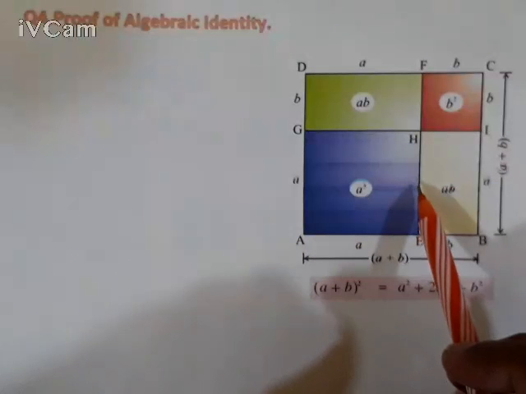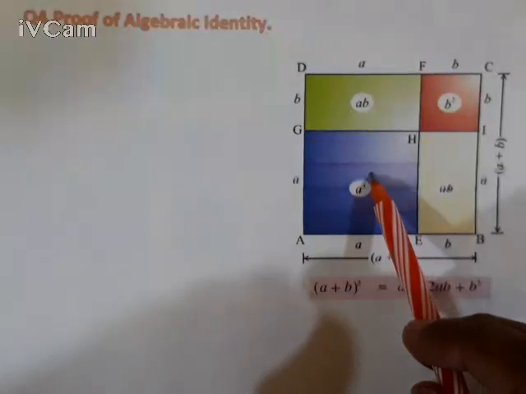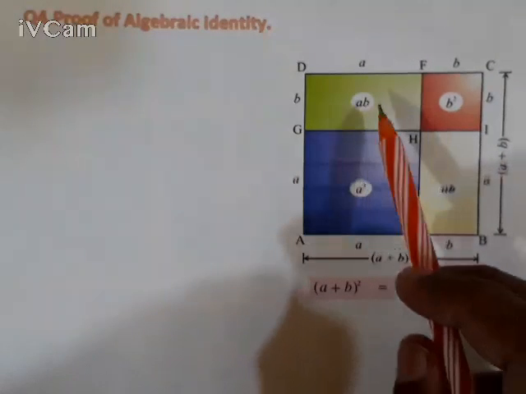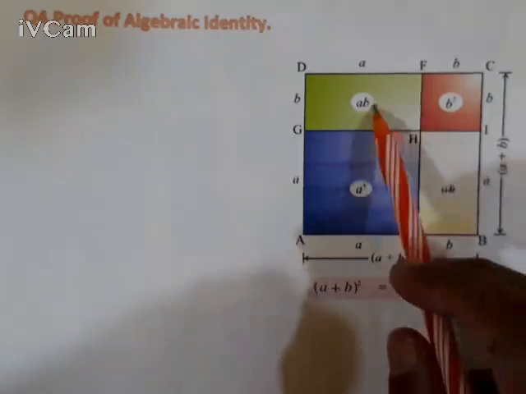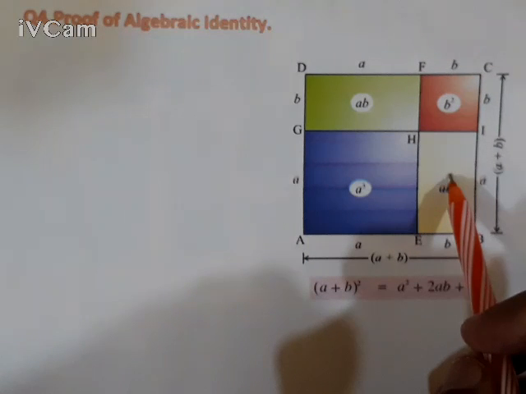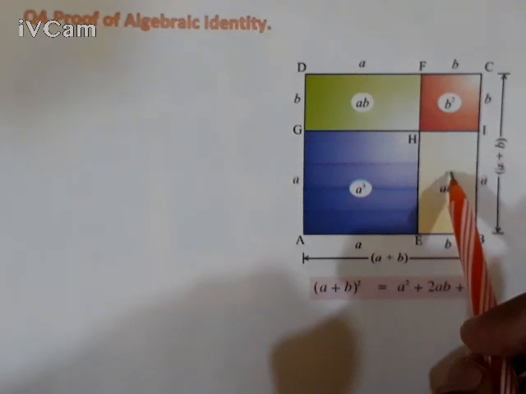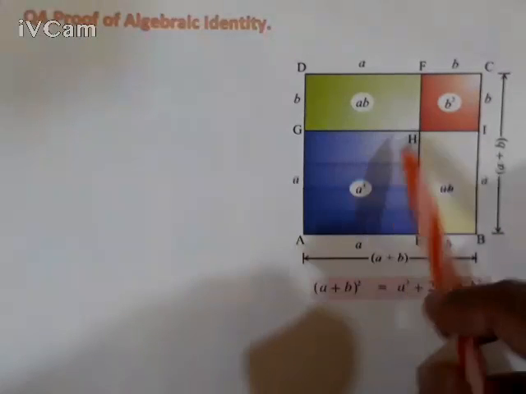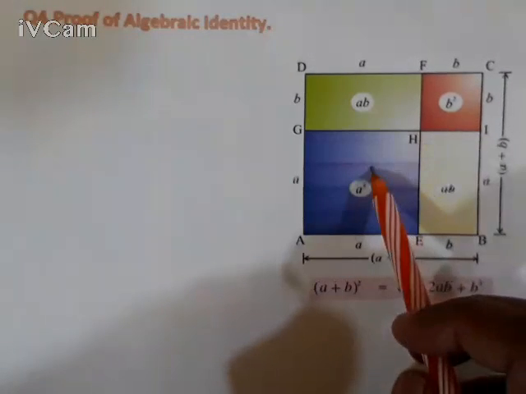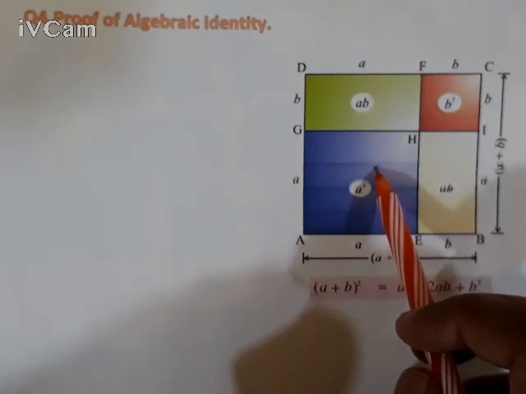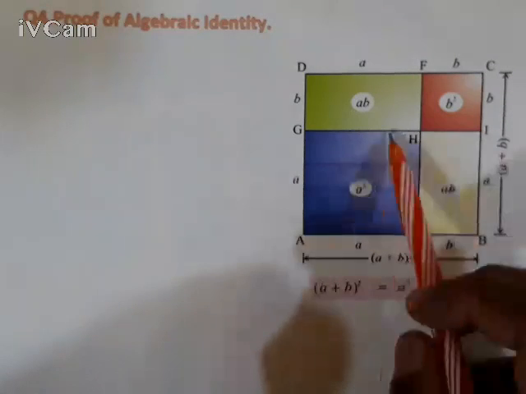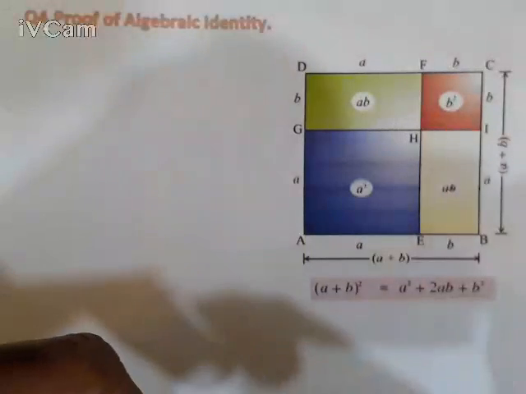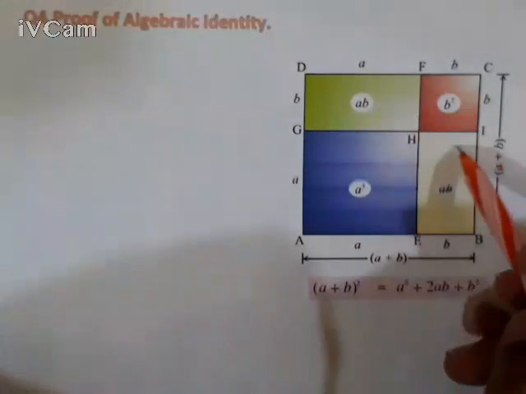So this means that we have two squares and two rectangles, but these two rectangles have the same length and same width, while these two squares have different sides. Now when we cut these shapes, first of all we will cut this small shape.